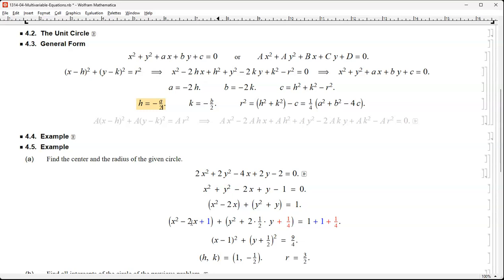Negative 2 over negative 2, so positive 1. k is negative b over 2, positive 1 over negative 2, so negative 1/2, you got that? And r squared is this. And then taking the square root, you're going to get the radius.